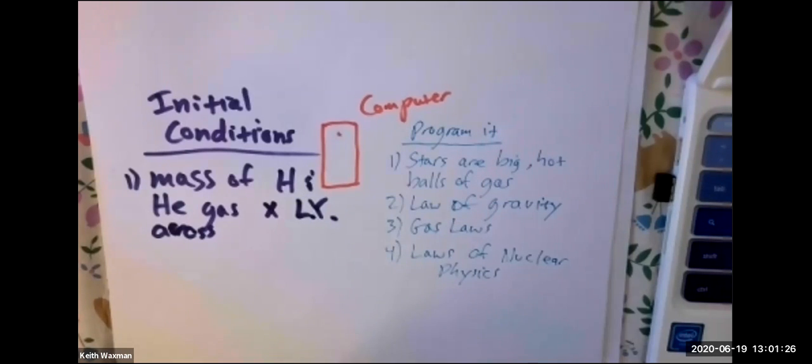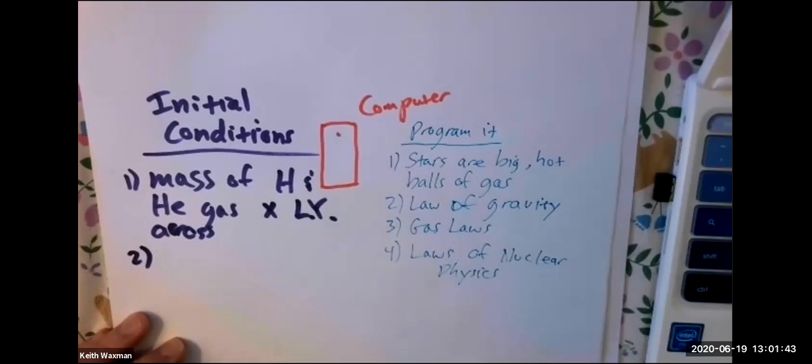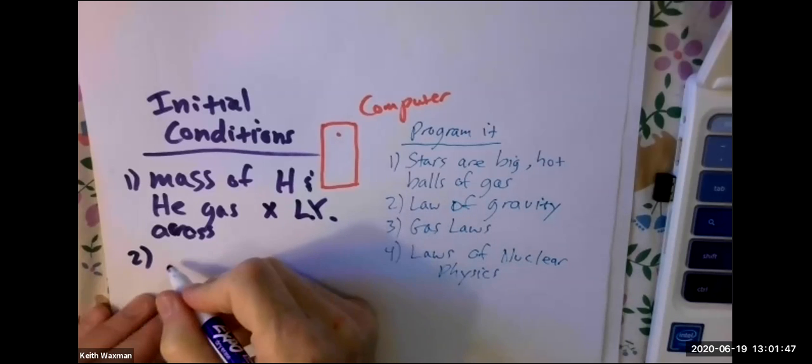So we start with that. We put in a number for X, it could be variables. You could put in 20 light years. We can do one that's 10. We can do one that's 5. But we don't want to figure this out ourselves. We say, okay, computer, generate random numbers, put them in for yourself. We don't want to have to do this all the time. All right, computer, let's say this mass of hydrogen gas is X light years across.